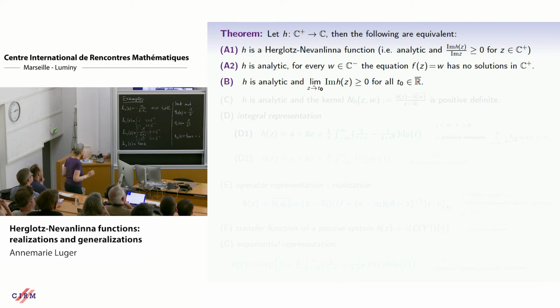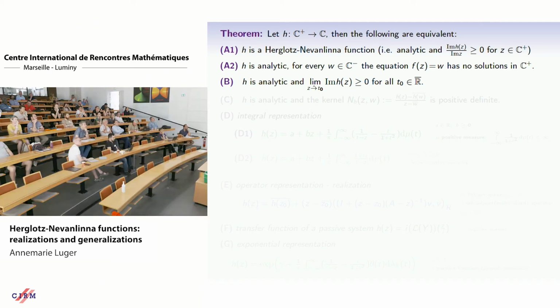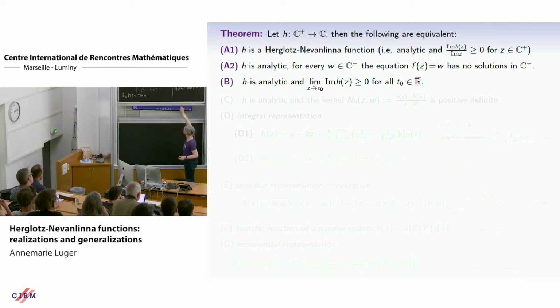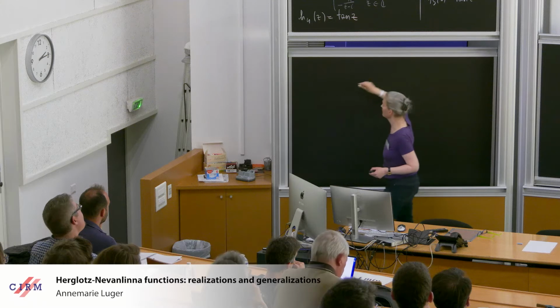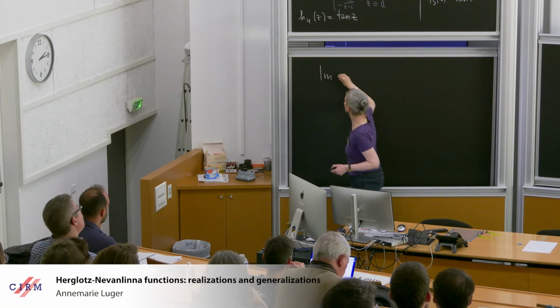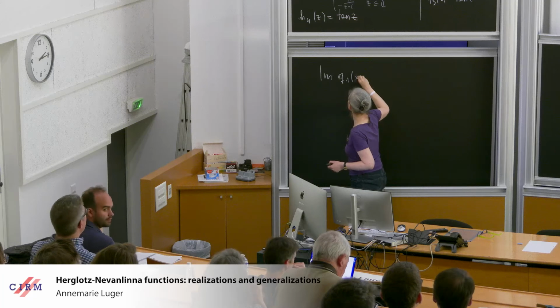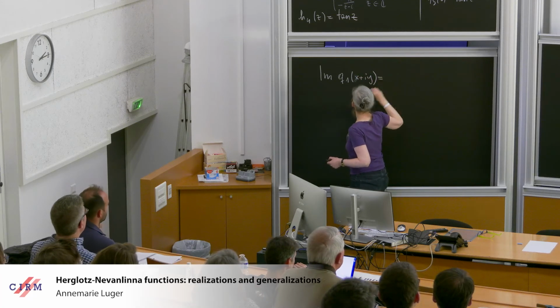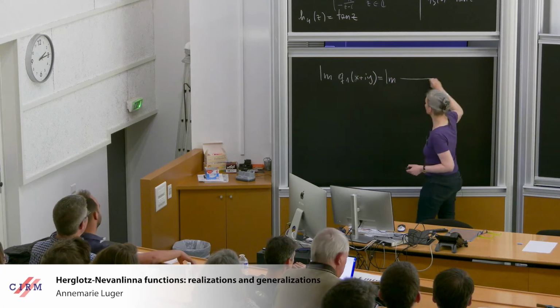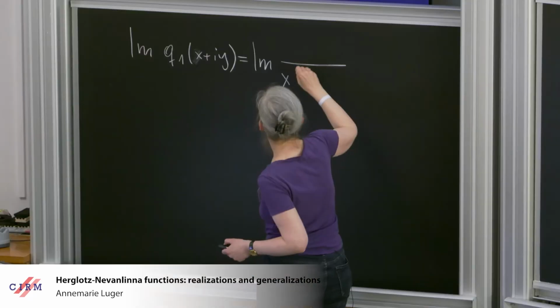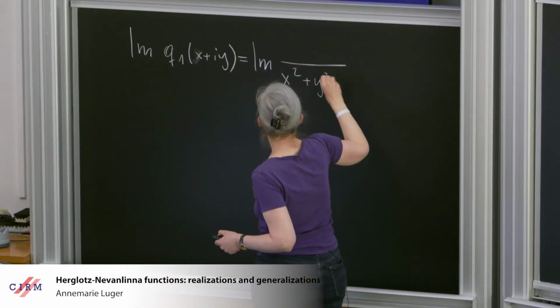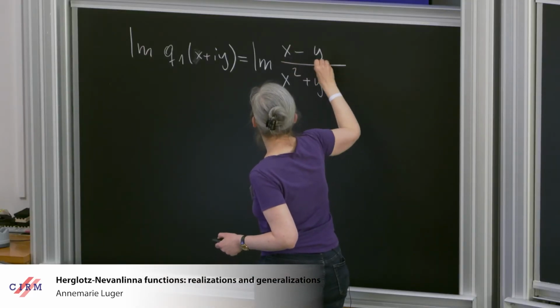So if we look at our examples here, for instance here, the imaginary part of Q1 of x plus iy is equal to the imaginary part of 1 over x squared plus y squared, times x minus iy.